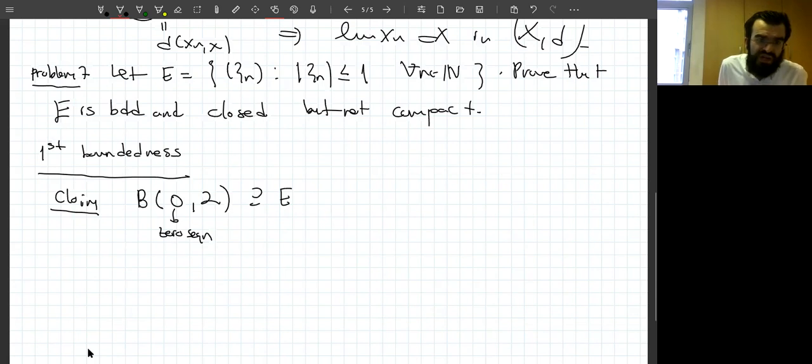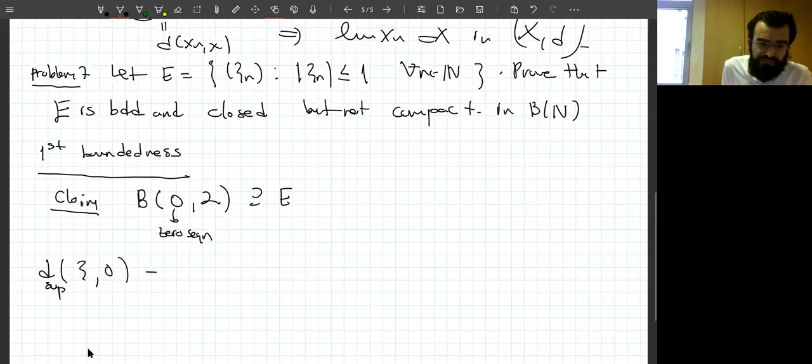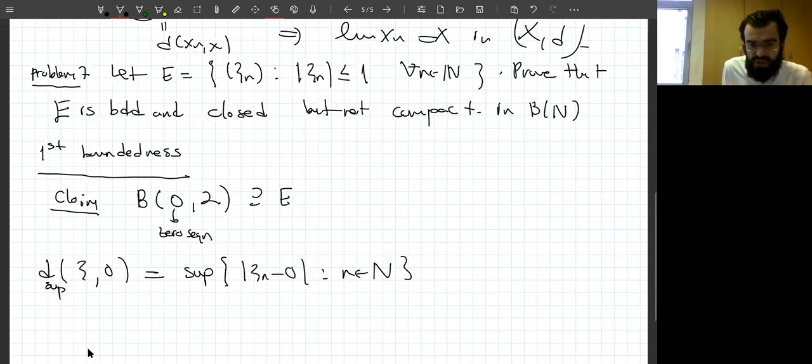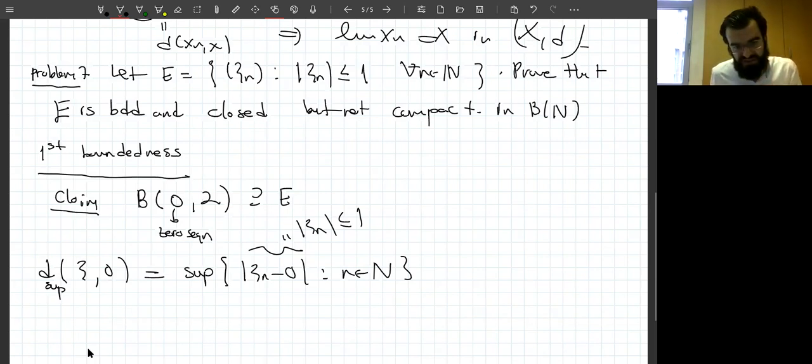So look at this distance. Here we have a metric space. The distance d(psi, 0) equals the supremum of the absolute value of psi_n minus 0, n in N. But this equals the supremum of the absolute value of psi_n, which is less than 1. All elements of this set are less than 1, which implies this supremum is at most 1.